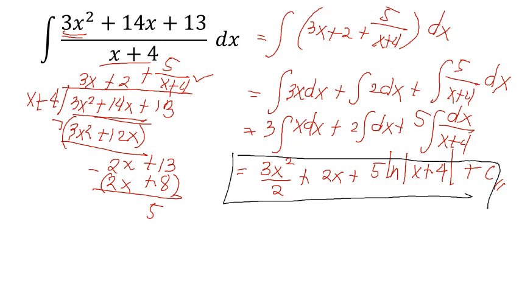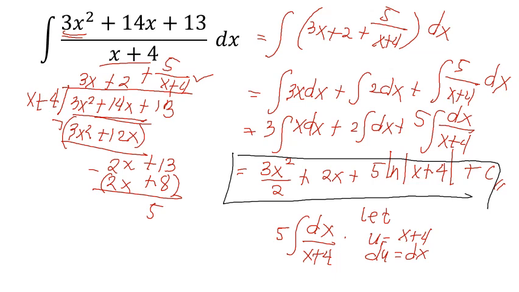So with this one, guys, why do we have 5 ln x plus 4? If we will try to get 5 integration of dx all over x plus 4, if we will let u is equal to x plus 4, our du is just equal to dx.